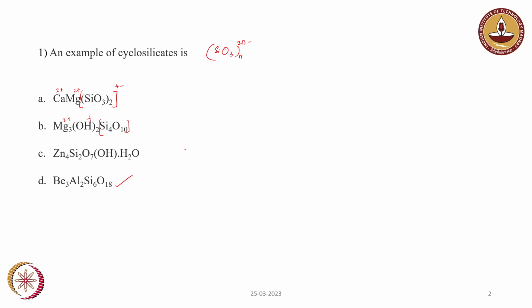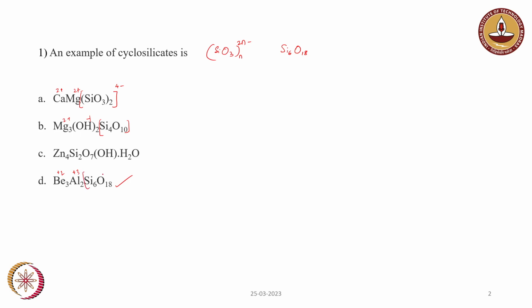Be3Al2Si6O18 will have this formula. In this one, beryllium is +2, aluminum is +3.